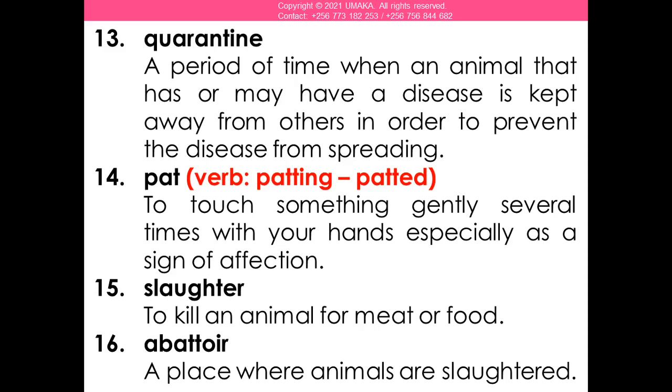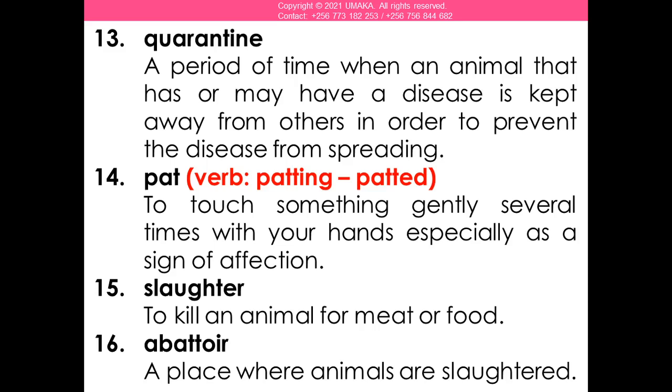So an abattoir is an area or a place where animals are slaughtered. Not one, not two. You might find in the whole of Masaka there is only one abattoir. Have you ever bought meat with a stamp? Yes. Then that means the doctor checked it before and after it had been slaughtered.